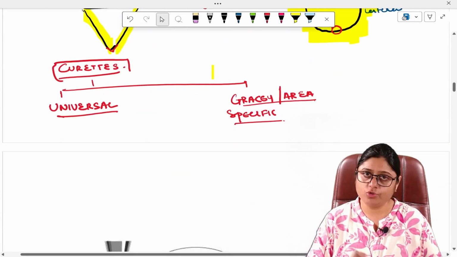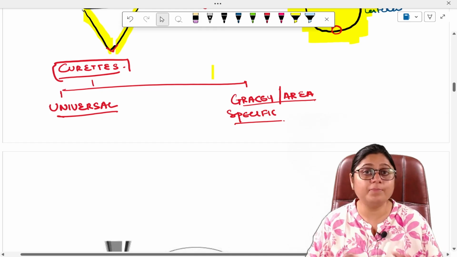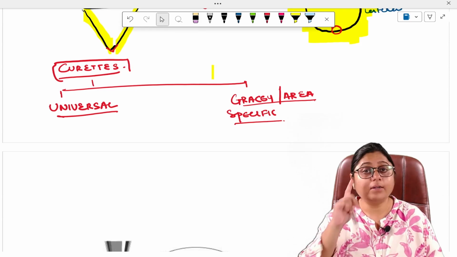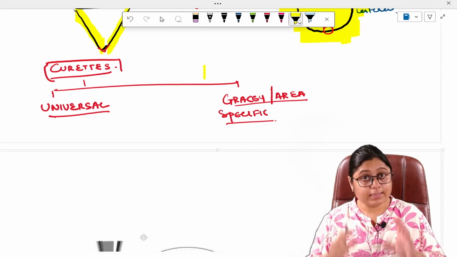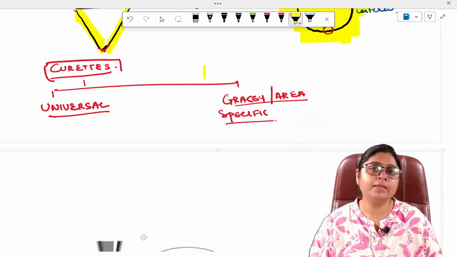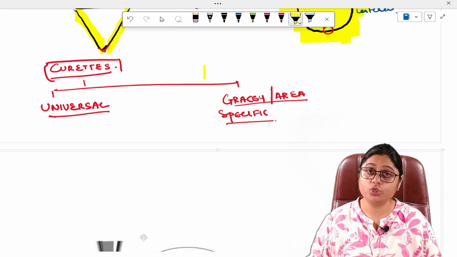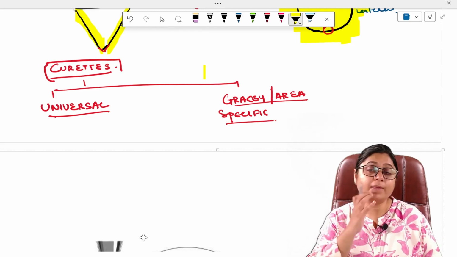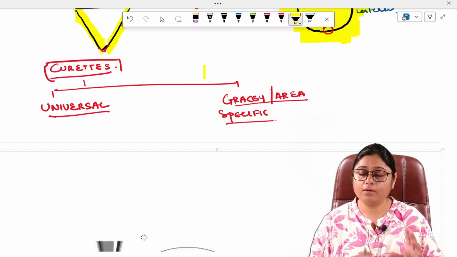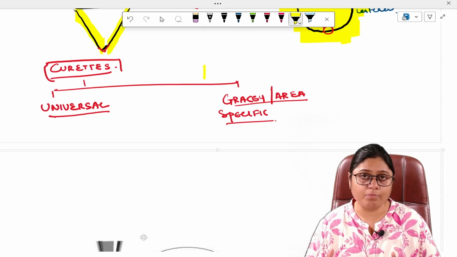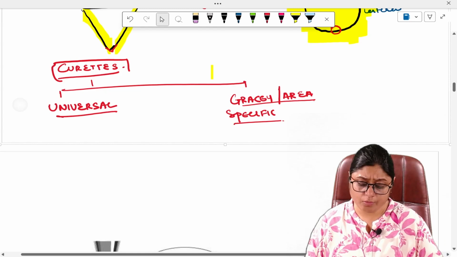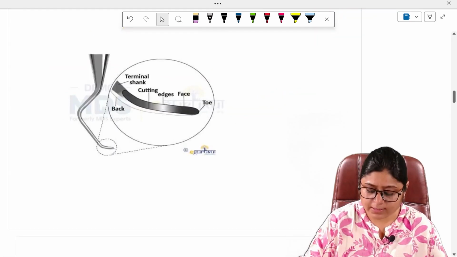But these two curettes, universal curettes and Gracey curettes, have the same basic structure and the same basic function, except that the universal curette is designed in such a way that only a single double-ended instrument can be used on all the tooth surfaces, while Gracey curettes or the area-specific curettes are designed so that they can be used in specific areas, and therefore they are numbered, meaning they are a set of instruments, while universal curettes are only single instruments that can be used on different tooth surfaces just by manipulating the two ends.